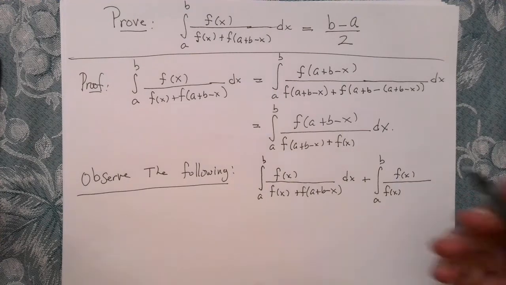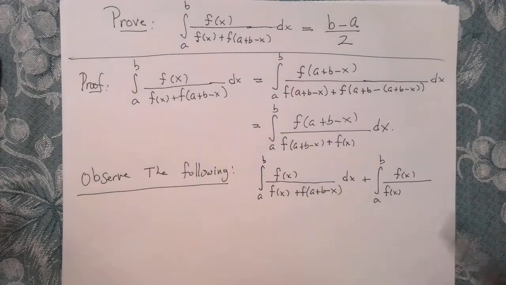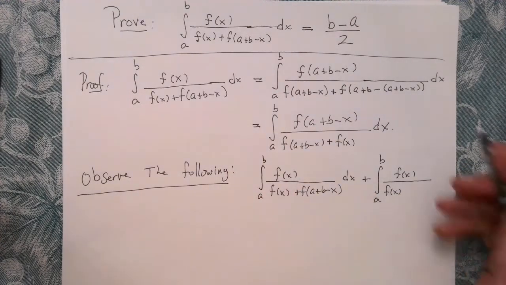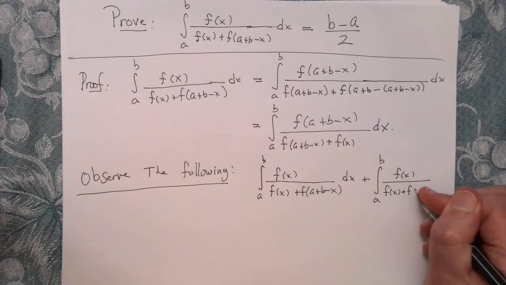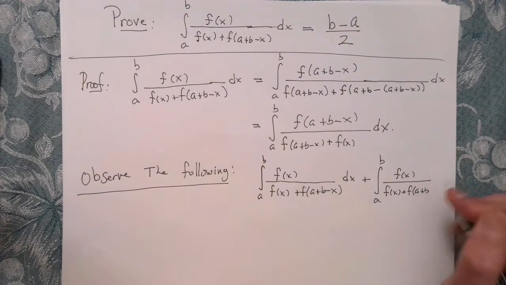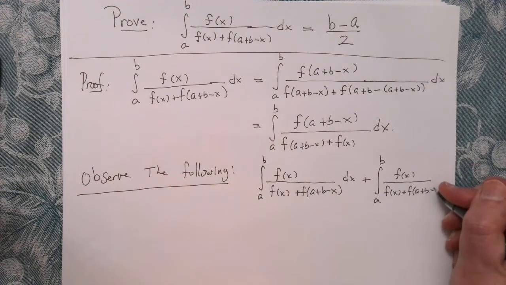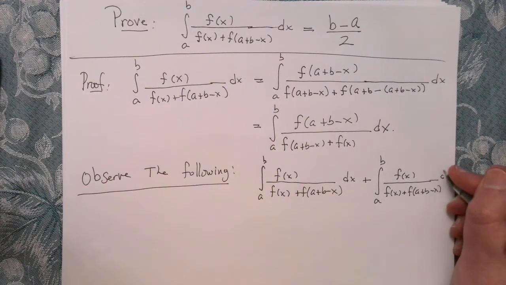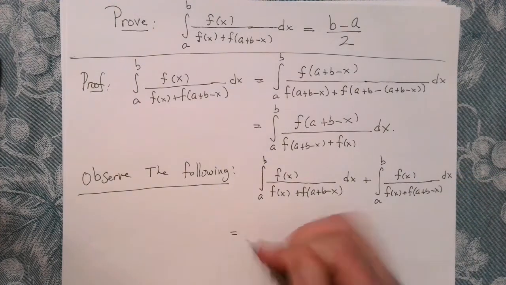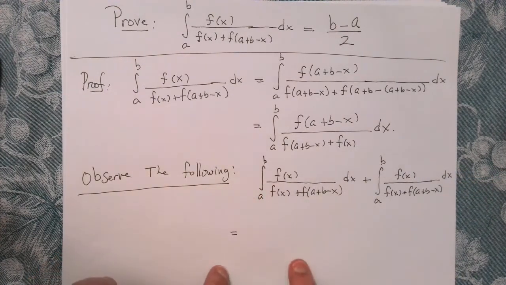Whatever quantity that is, this would represent double that, right? Because you're taking this quantity and adding it to itself. So far I've got this. I'm not saying that's equal to this, right? This is a separate observation. So this sum equals the following.